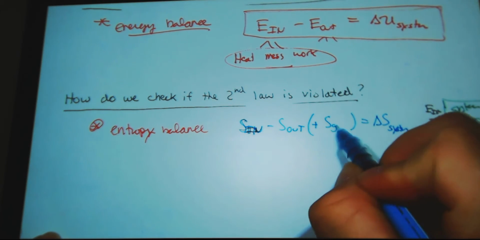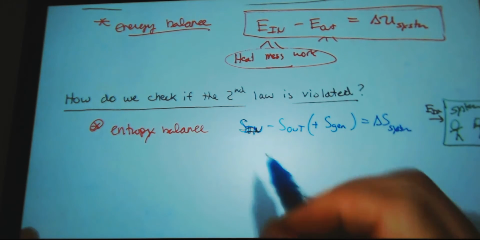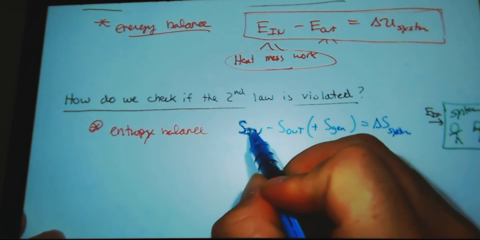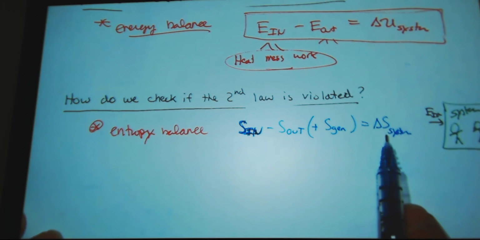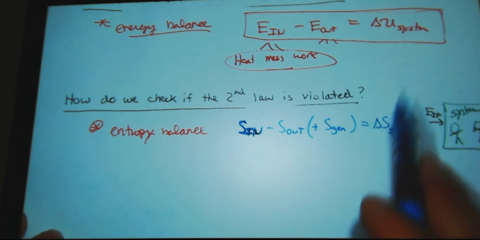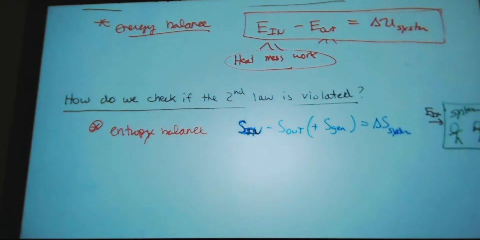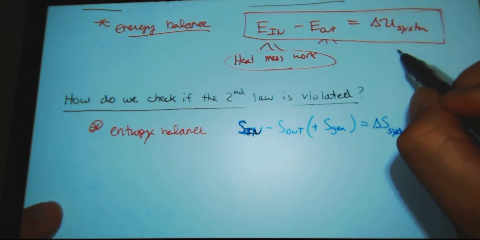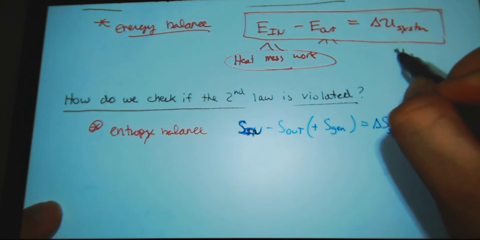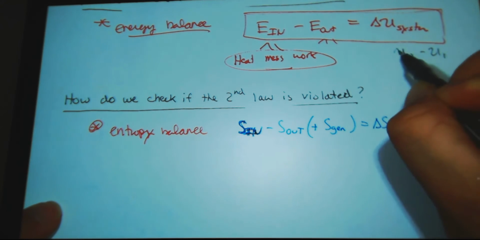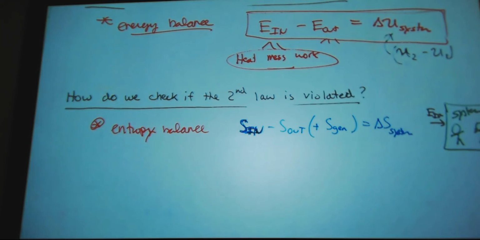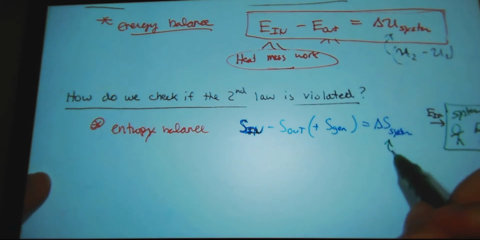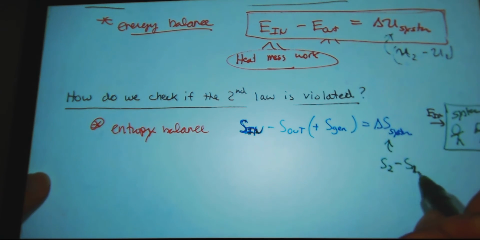This is the entropy generated. And now I have my entropy in minus my entropy out plus my entropy generated equals the change in entropy of my system. So just like this was the internal energy in my system at state 2 minus the internal energy in my system at state 1, this one here represents the entropy of my system at state 2 minus the entropy of my system at state 1.